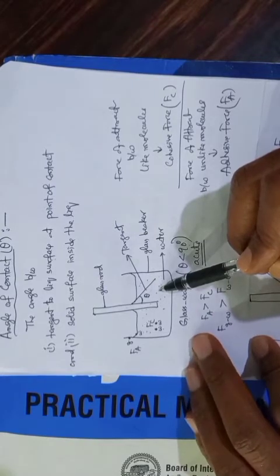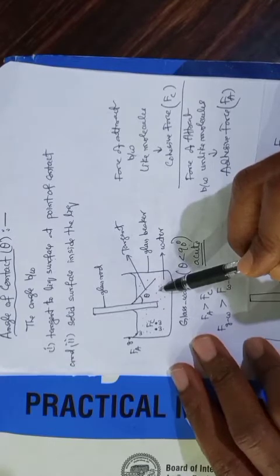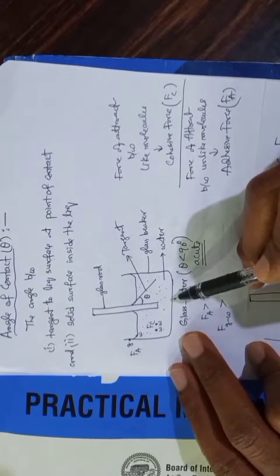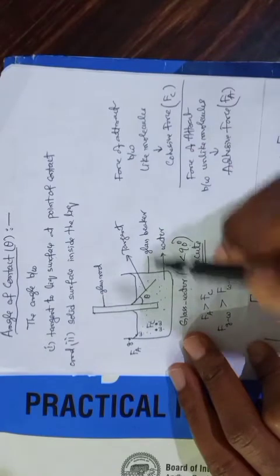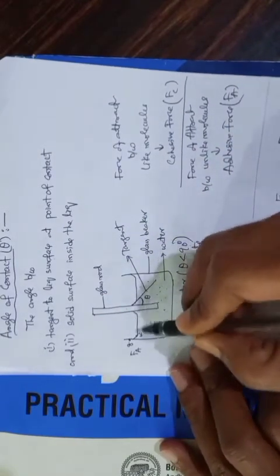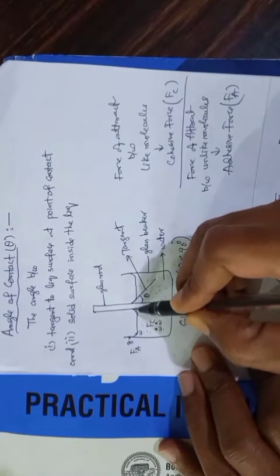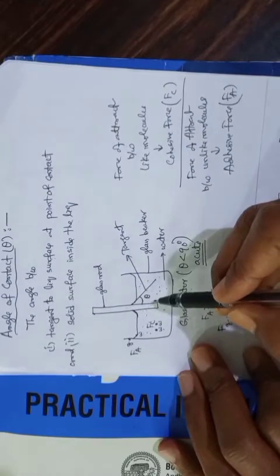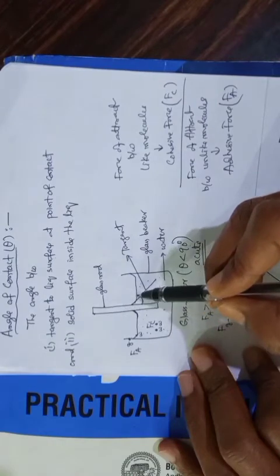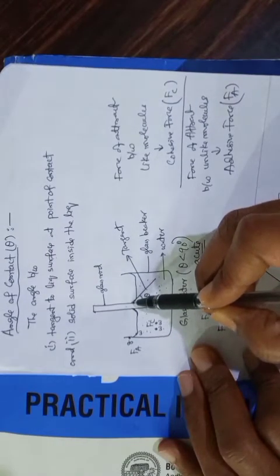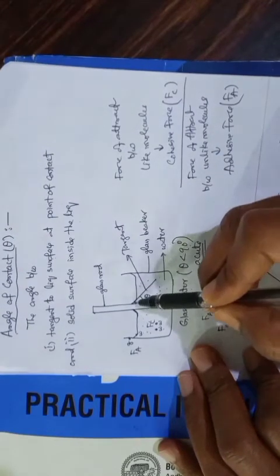Now, in such a case, how is the angle of contact? Let us see. How do we define the angle of contact? To find the angle of contact, we draw a tangent. See here, you can see a curve. This is the glass rod, this is the water curve, and this is the point of contact. At the point of contact, you draw a tangent to the curve.